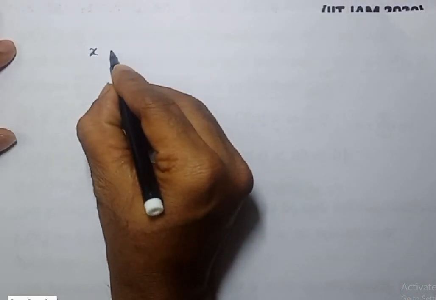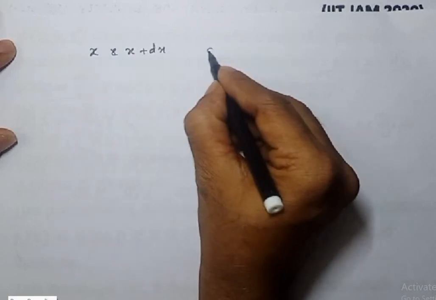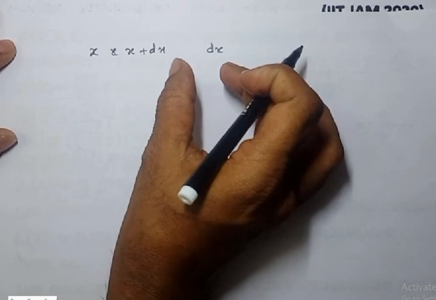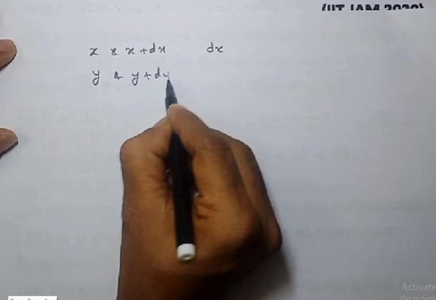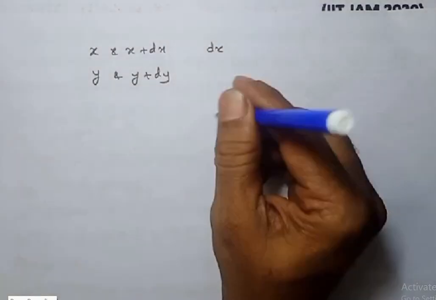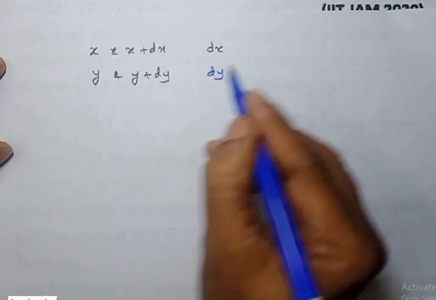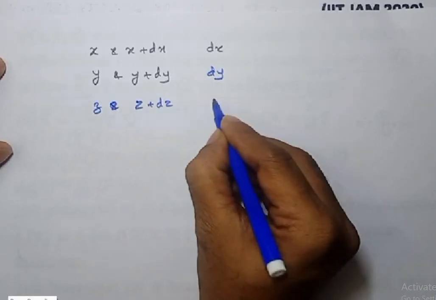They are asking probability between x and x plus dx, which means in the distance dx, what is the probability? Similarly, y and y plus dy, which means they are asking probability in the range dy.